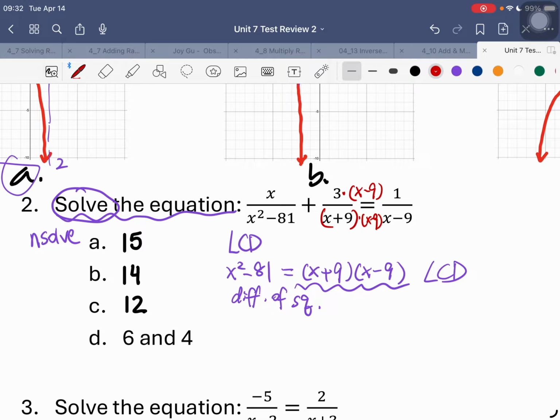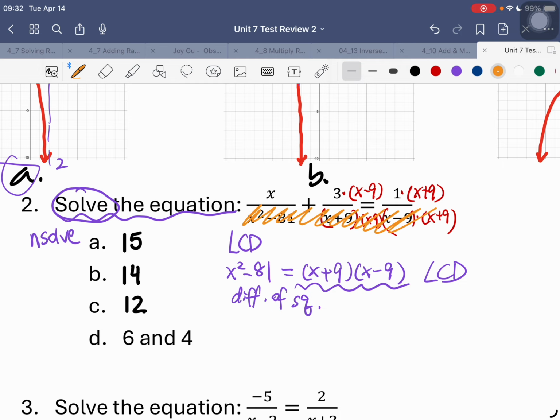And then the third fraction, what is it missing from the LCD? I have x minus 9, so I'm missing x plus 9. x plus 9 on both top and bottom. Now, all the bottoms have the same common denominator.